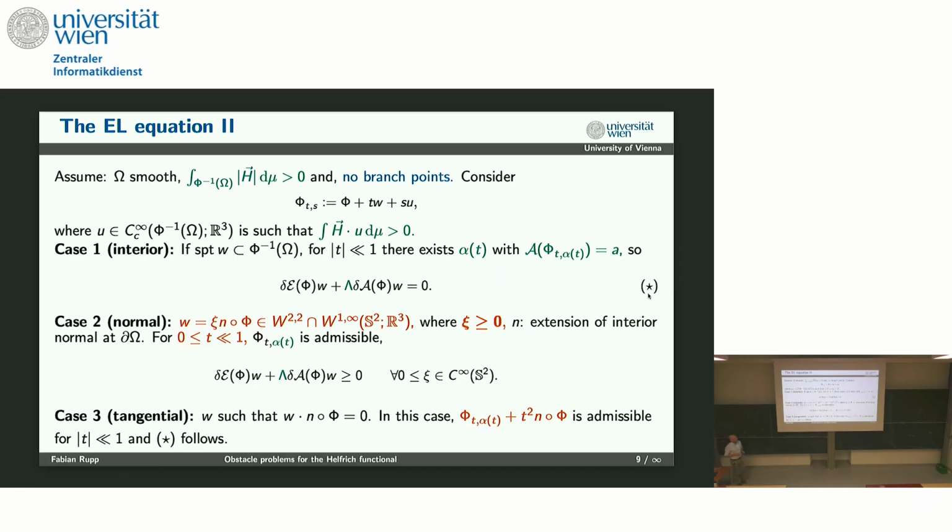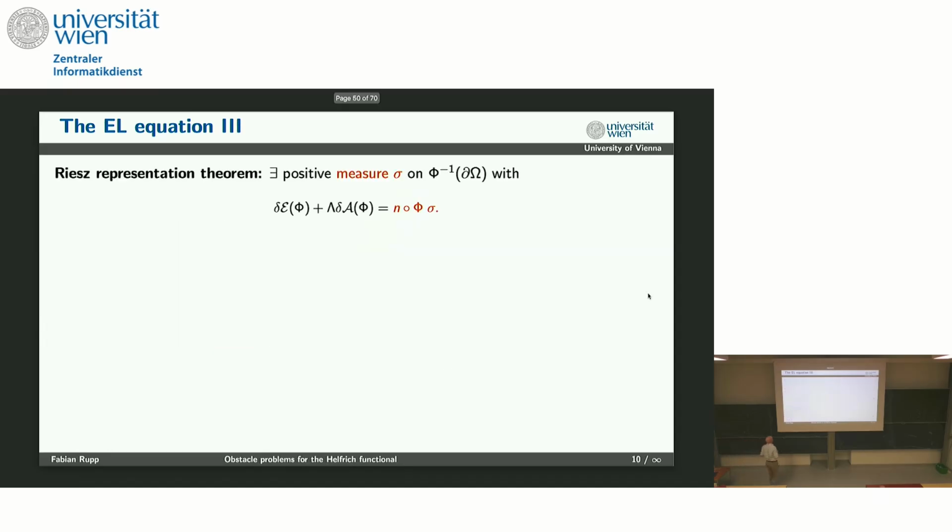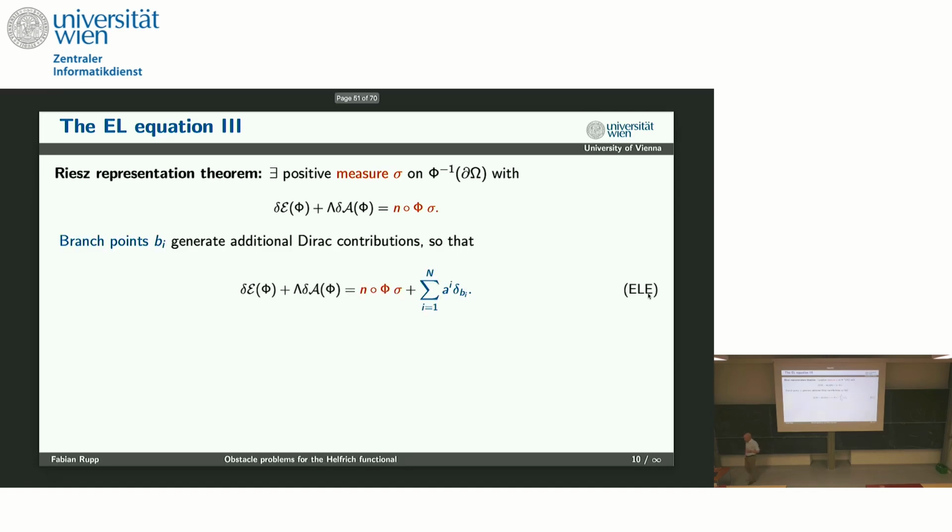Okay. Yes, and of course this does not give a contribution if we take the derivative, because t squared has derivative 0. So in the end, by the Riesz representation theorem, this is the equation we get.